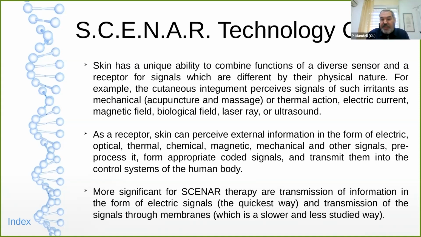More significant for scanner therapy are transmission of information in the form of electrical signals, which is the quickest way, and the way is what we are doing, and the transmission of these signals through the skin membrane, and it reaches all the various different organ systems.